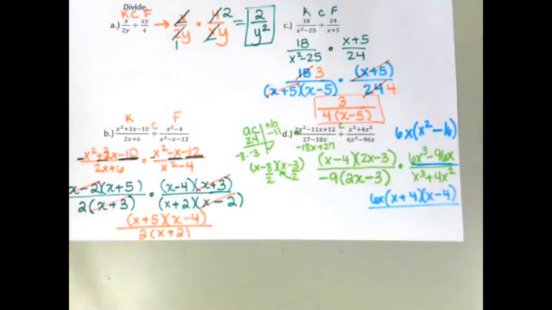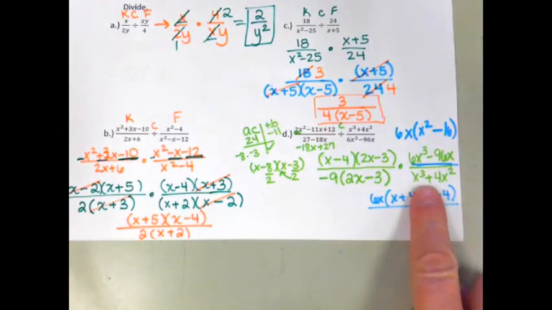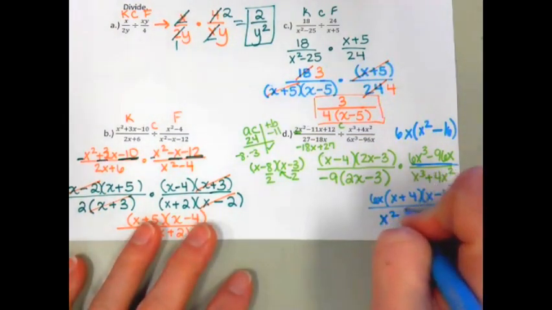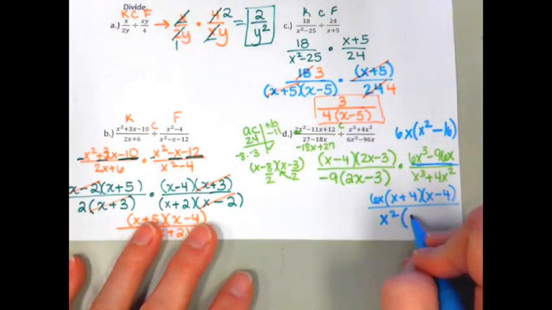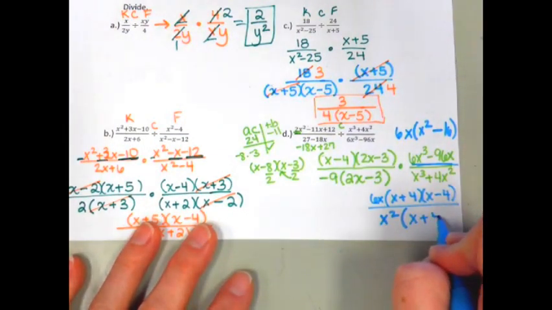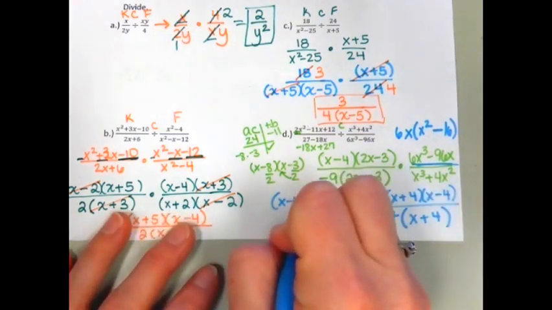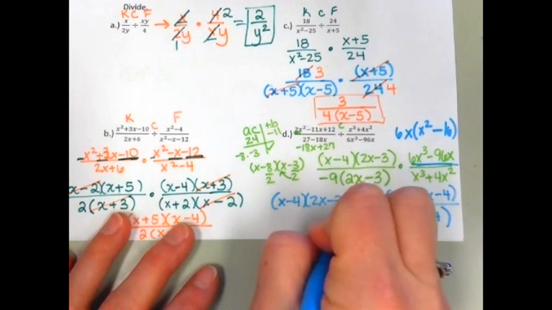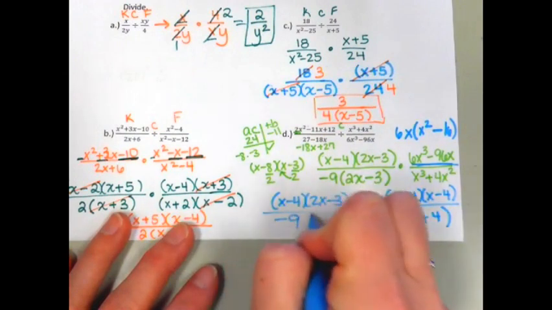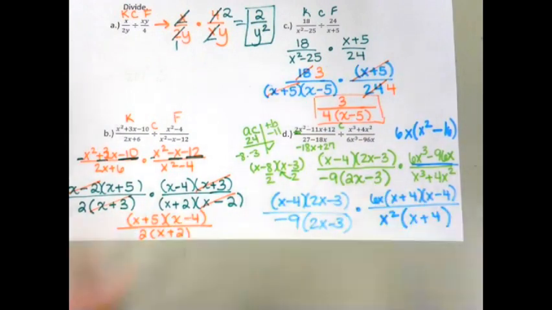Over, what's my GCF between x cubed and 4x squared? X squared. Good. And what would I be left with? X plus 4. Now I'm going to rewrite that first one now. Pen is dying on me.